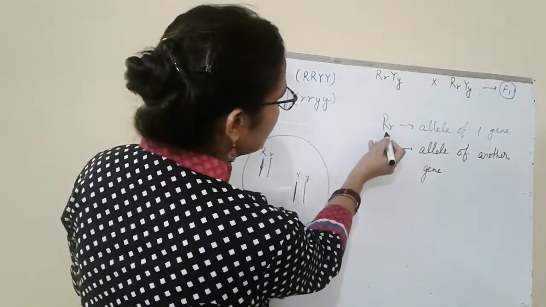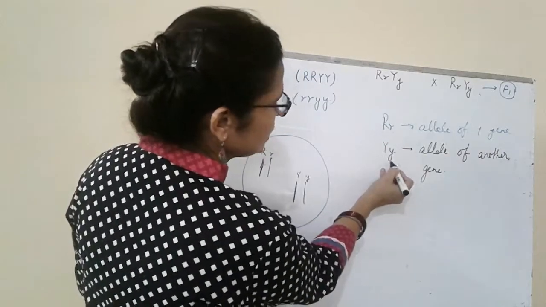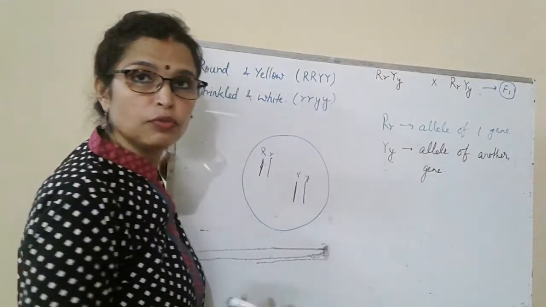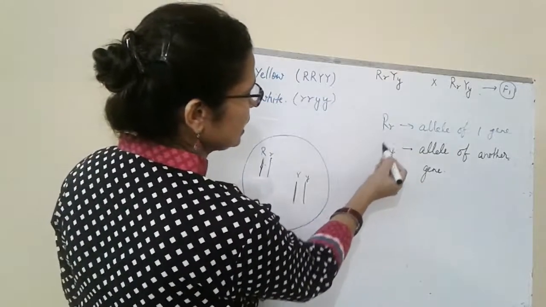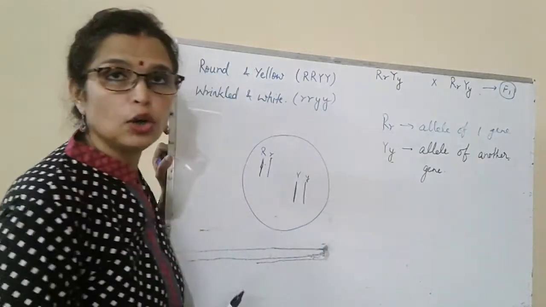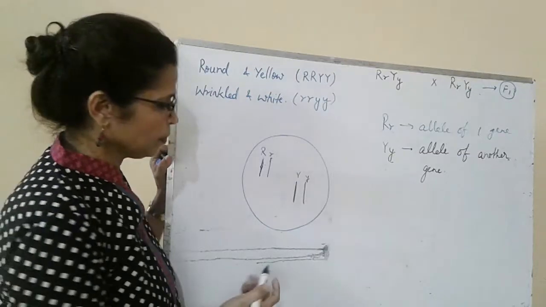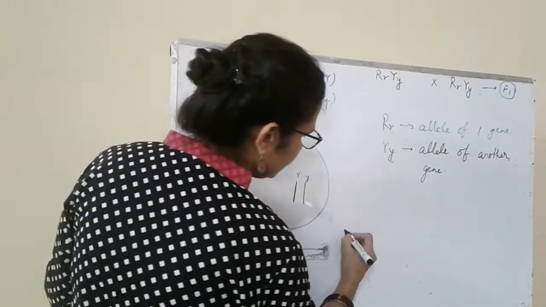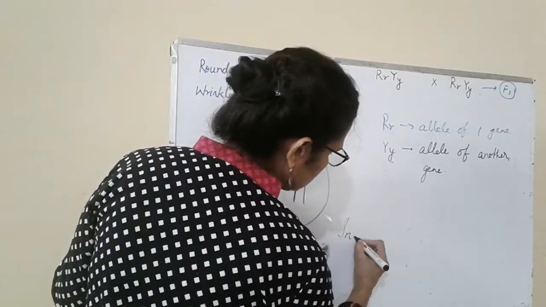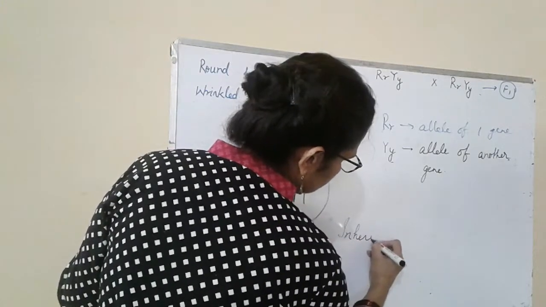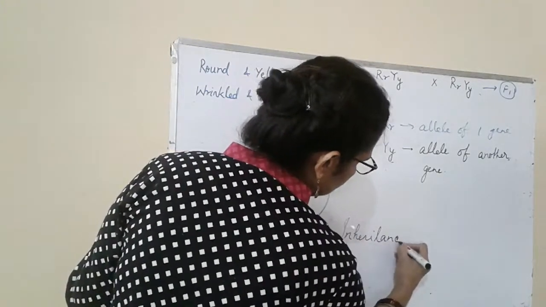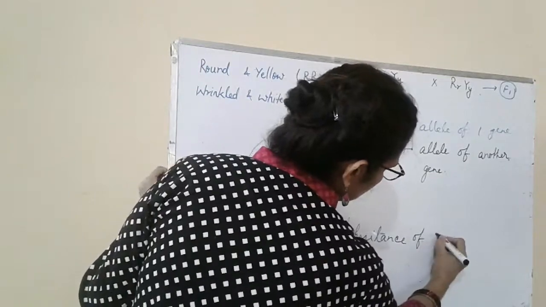So this allele can go with the allele of another gene, and this allele can go with the allele of another gene. So this is the inheritance of 2 genes also.